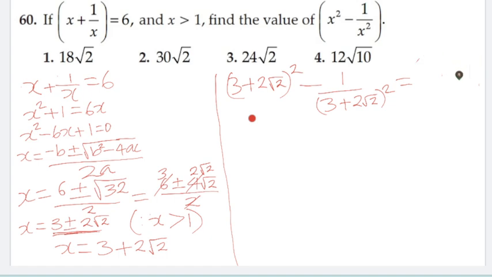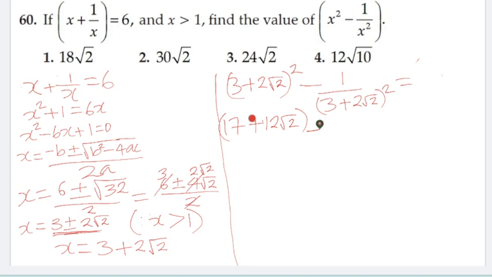Okay, so 17 plus 12 root 2. I hope this part is clear for you. If you have any doubts, please ask in the comment section.